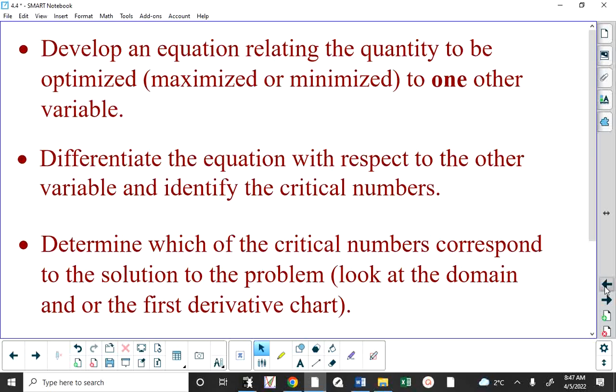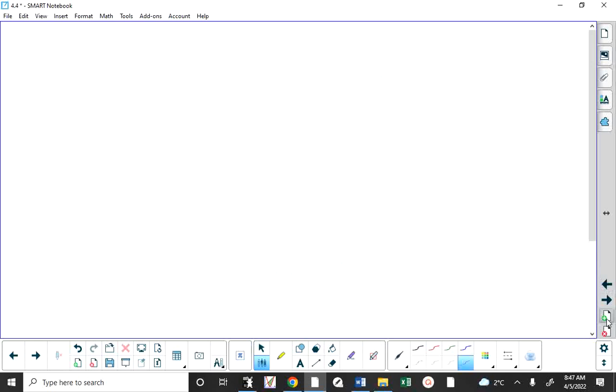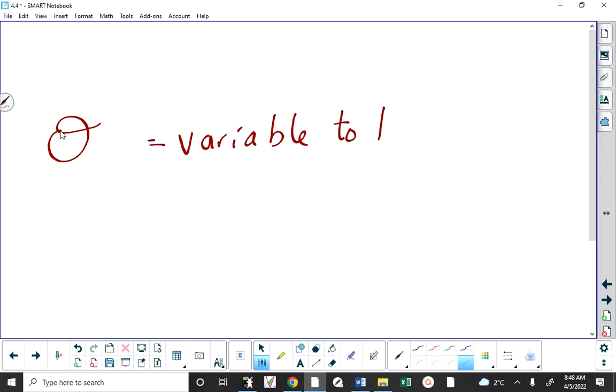And maybe to just slow things right down here and get more to the point, if O is the variable to be optimized, so that could be the area of a rectangular enclosure, it could be the volume of an object, it could be the surface area of an object.